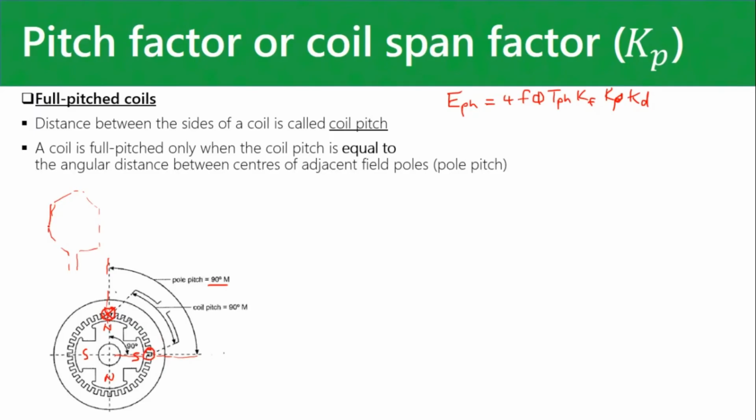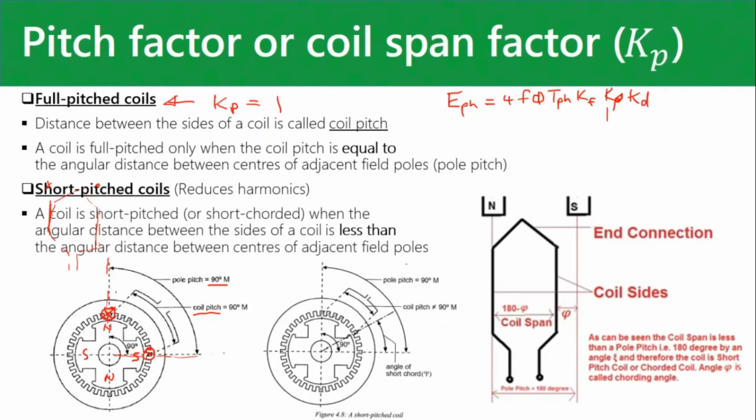So that's that one with the cross, and then the dot is this one here coming back. Then you can see that the coil pitch, the angle there, is also 90 degrees. So they're both 90 degrees. So when the coil pitch equals the pole pitch, we say they are full pitch coils. Then our multiplying factor over here, K_p equals 1.